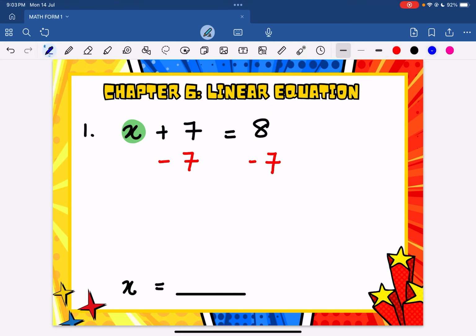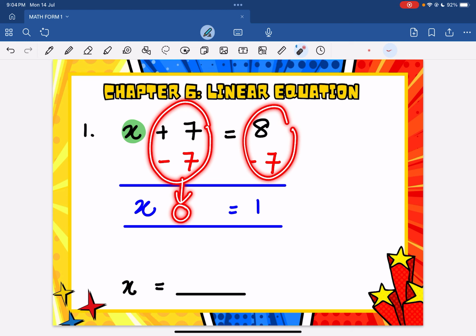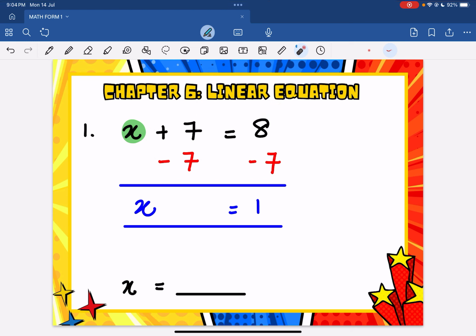So x will become 1. This is the final answer, because the 7 is already 0. x equals 8 minus 7, which is 1.